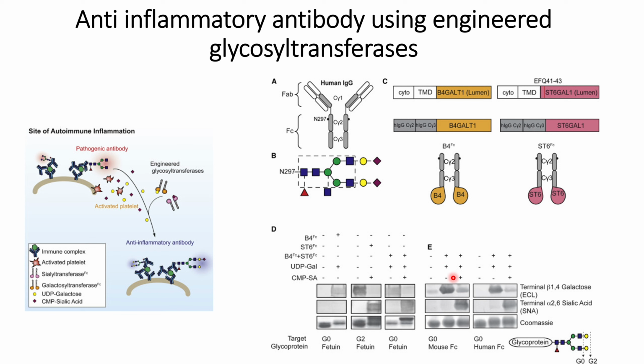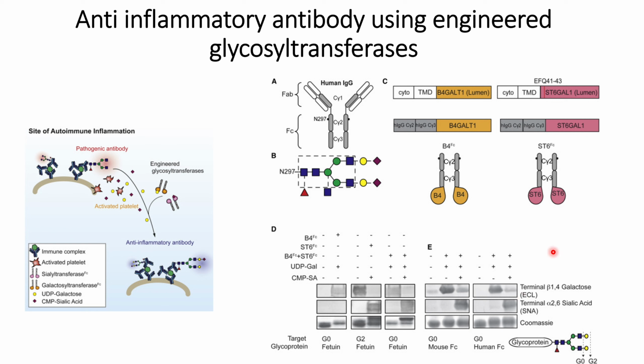However, when they also added CMP-sialic acid, they see that sialic acid is also attached to the galactose, shown by the terminal alpha 2,6 sialic acid. Because of incomplete reactions, they can also see terminal beta 1,4 galactose. Similar results were observed for the engineered human Fc also.